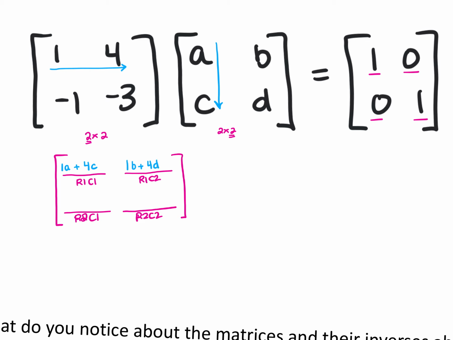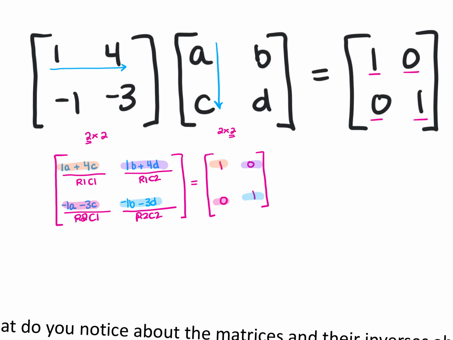Row 2, column 1 will be negative 1 times A minus 3 times C. And then row 2, column 2 will be negative 1 times B minus 3 times D. Now, here's what we know. We know that that has to result in this matrix, right? So each corresponding element has a specific number that it will be equal to.